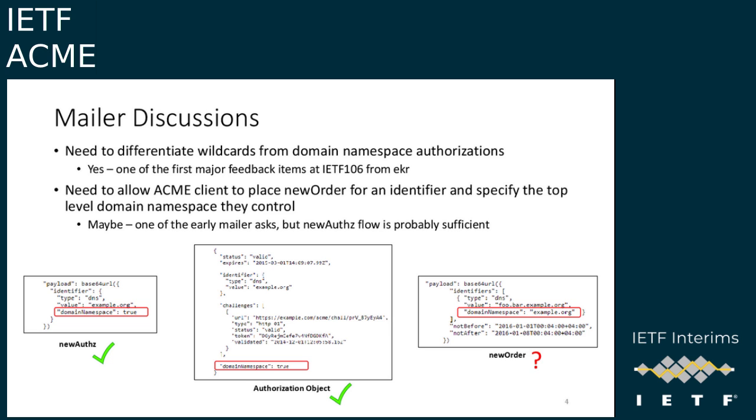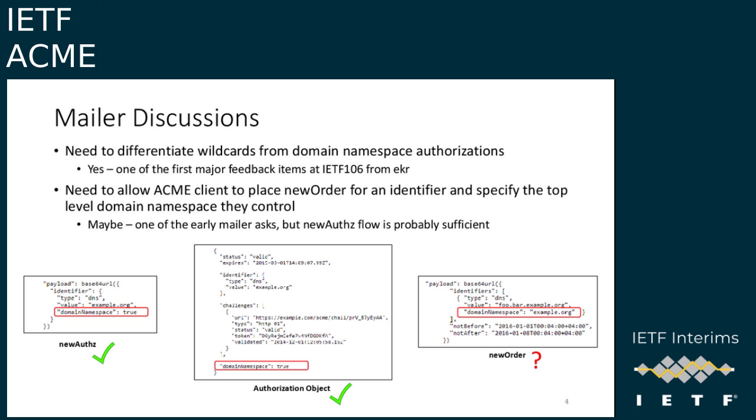And the third one, which I'm completely on the fence with and I'm open to removing, is the changes to the new order request, so that a client can specify not only the identifier it wants to get a certificate for, but also the top level domain namespace that it has control over.